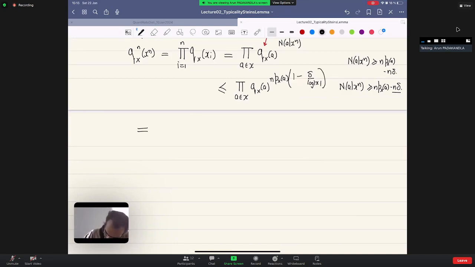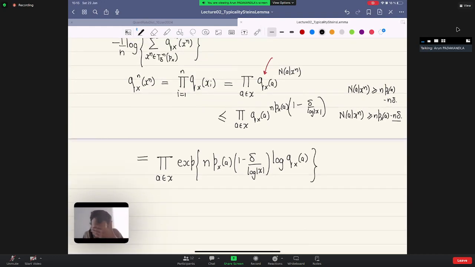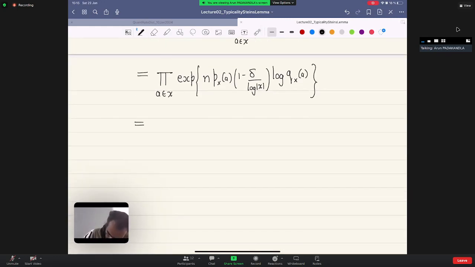So this is again the product over a belonging to X of exp of n times px of a, 1 minus delta by log cardinality of X, times log qx of a. So this is exp of minus n times summation.